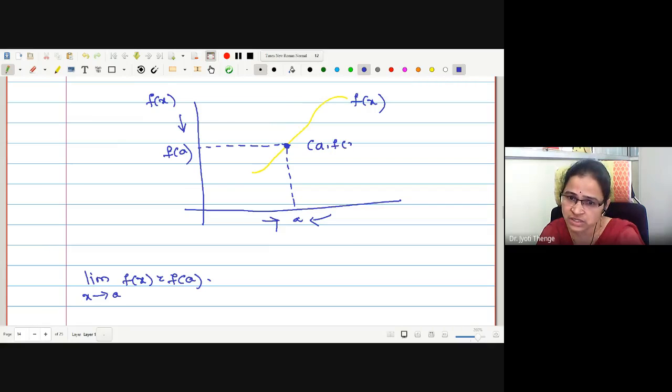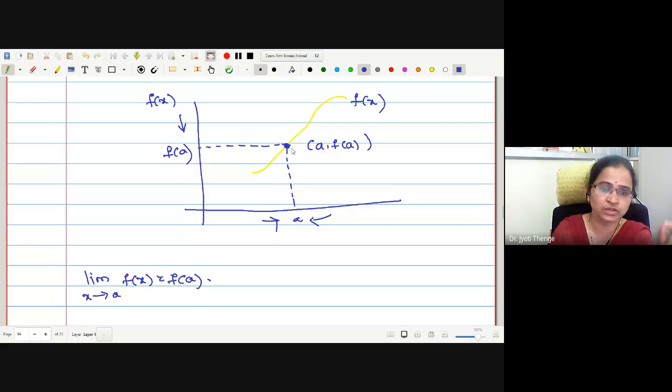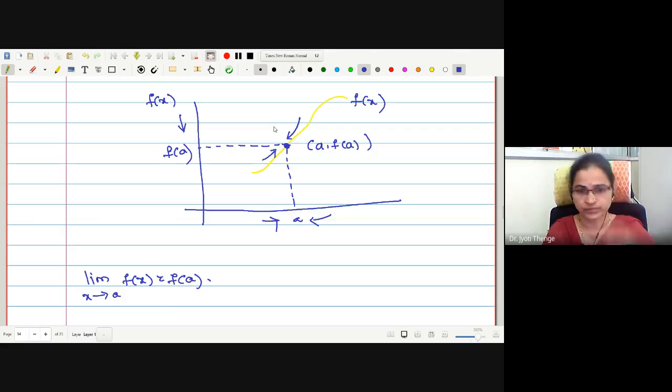Whenever such a point exists, we can plot the point on the given plane. In that case, one can say that the function is continuous. Here you can check from the left and from the right that the limiting value of the function f of x is equal to f of a.